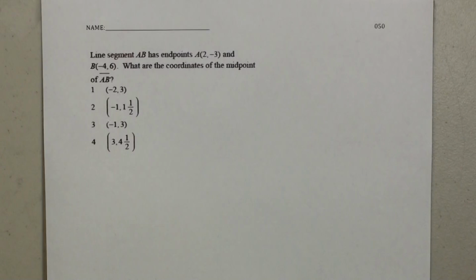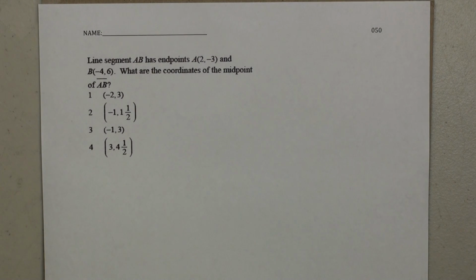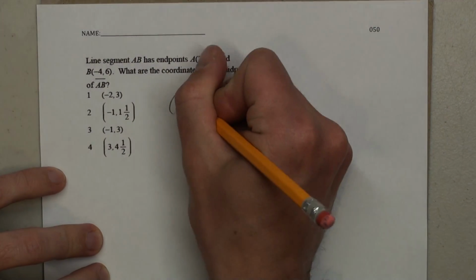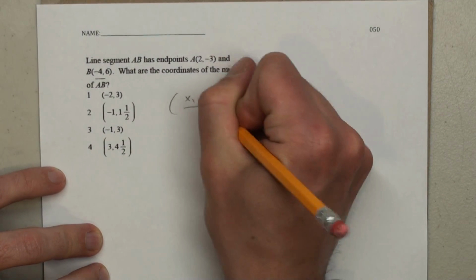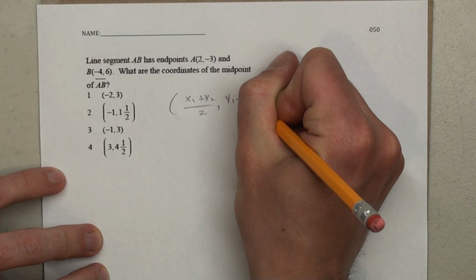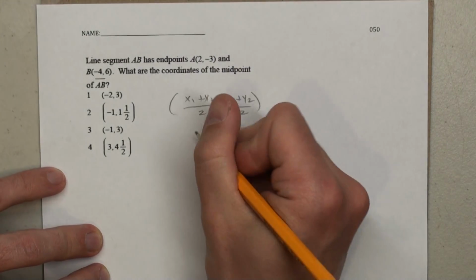All right. Let's see. 50. Problems are a little different. Line segment AB has endpoints A (2, -3) and B (-4, 6). What are the coordinates of the midpoint? So x1 plus x2 over 2, y1 plus y2 over 2.